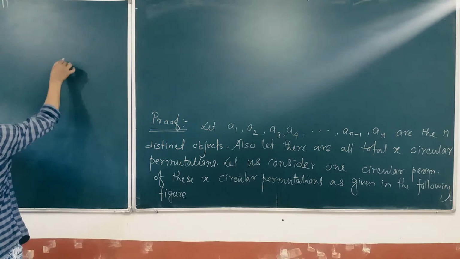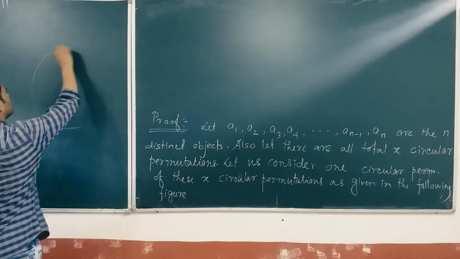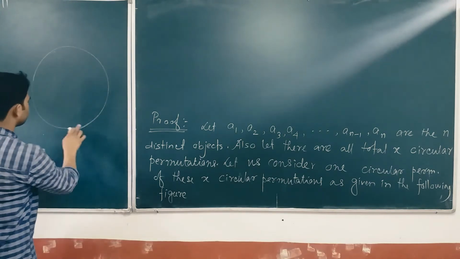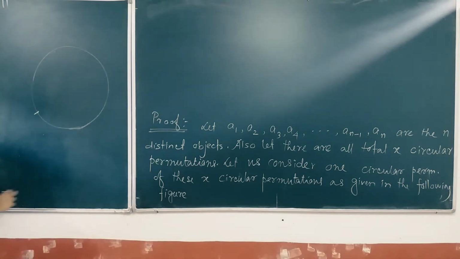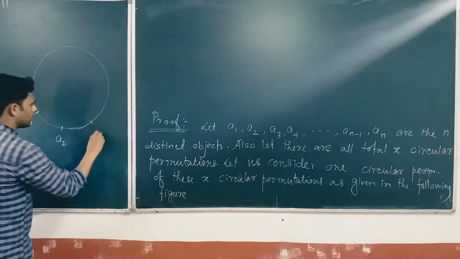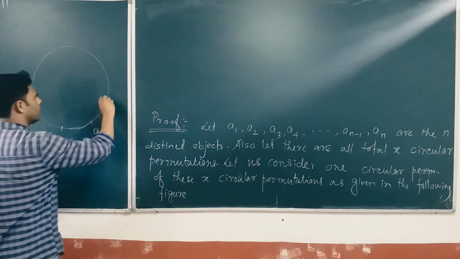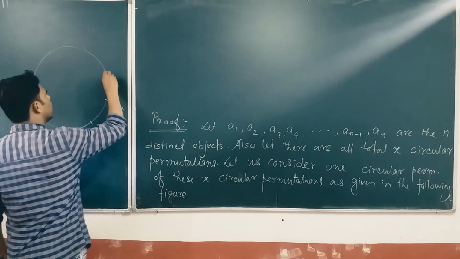So this is your circle and you are placing the objects. See, from here we begin: the first object is a1, then it is a2, then a3, a4 and so on.